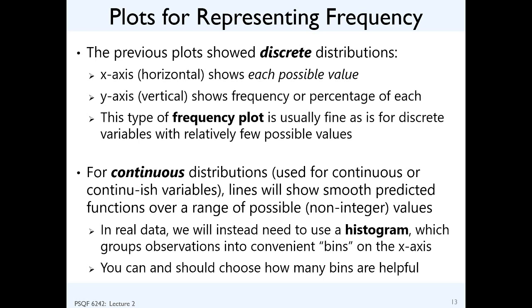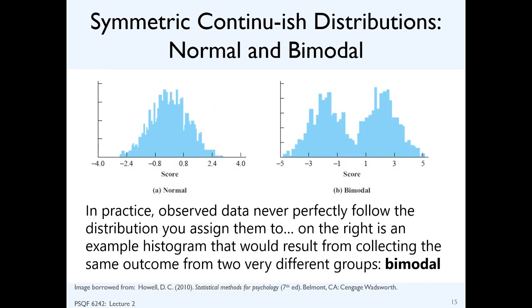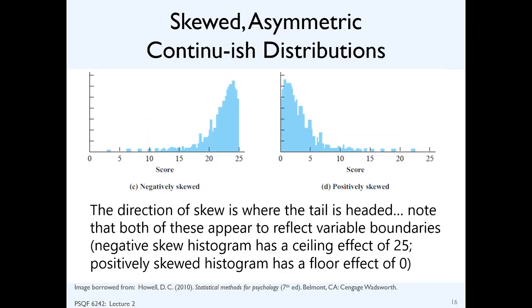But the question would be whether they have the room to do that. If you have something that's bimodal because you have people who are really bad at something and really good at something, if your test can only go so far, you're not going to be able to see the other half of this. But I'd still call it bimodal in that case. Skewed is really about asymmetry. That's bimodal, that's skewed.